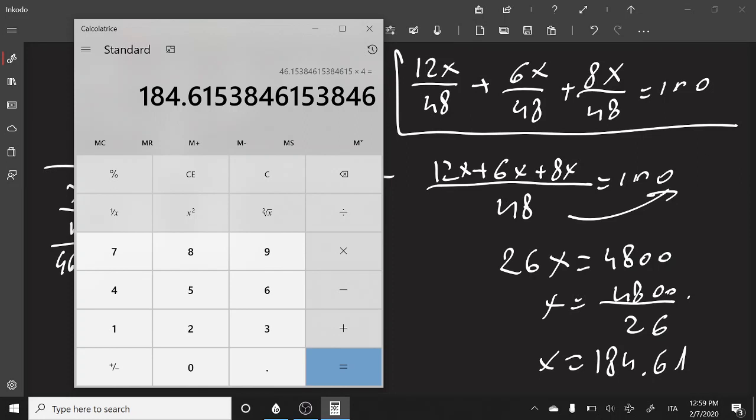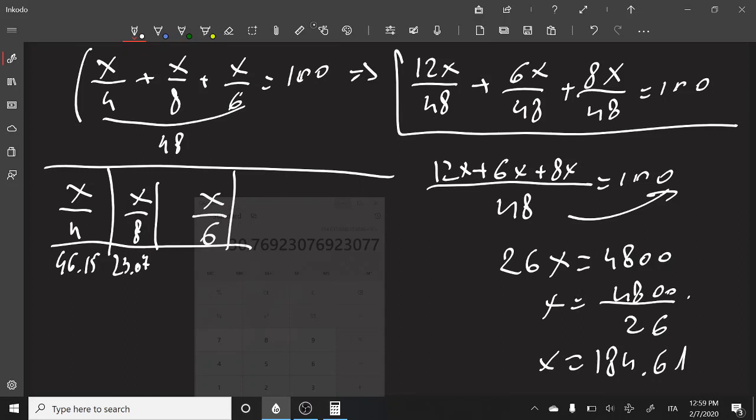It gives us 23.07. And the last one, x divided by 6, gives us 30.76.